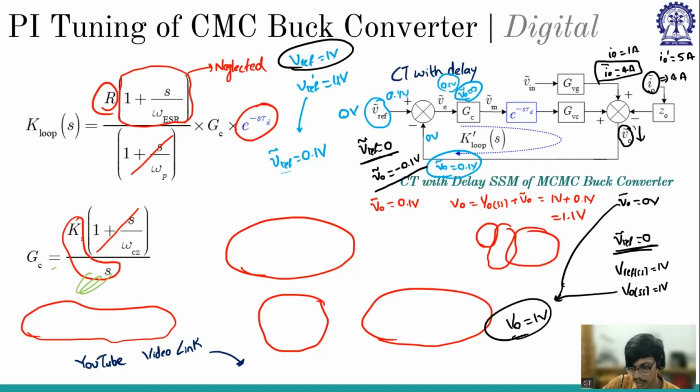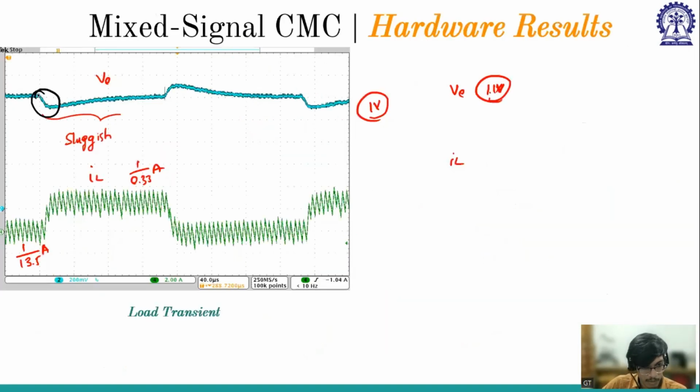My I0 perturb has become 4 amperes, which means I0, previously at 1 ampere, has gone to 5 amperes, and my closed loop has taken care such that V0, which initially became negative, came back to the steady state. So at this instant, V0 perturb again becomes 0. Perturbation is 0, but there is a steady state value, which is 1 volt. So my V0 is at 1 volt, but there is no perturbation because it has reached its previous value.